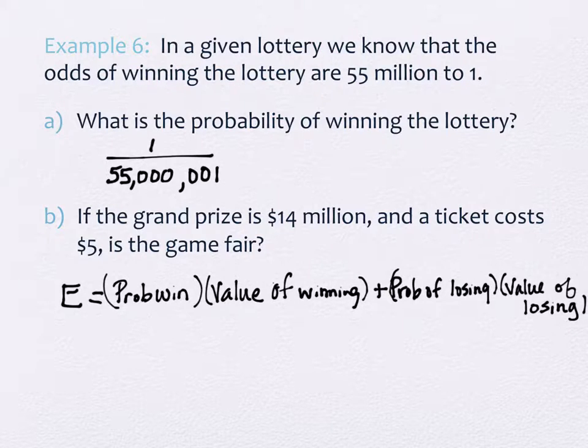Let's just do the value part of losing first. What is the value if you lose? -5. Remember, value has to do with how the money in your wallet changes. -5 is the value if you lose. What is the probability then of losing?